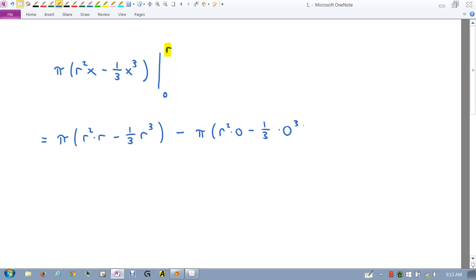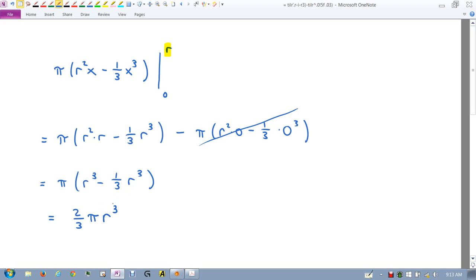That's all going to go away. This whole thing is going to become a 0. 0 times pi is 0. So all we're left with is pi times r cubed minus 1/3 r cubed. What's r cubed minus 1/3 r cubed? 2/3 r cubed. And then we have a pi out there. So 2/3 pi r cubed.